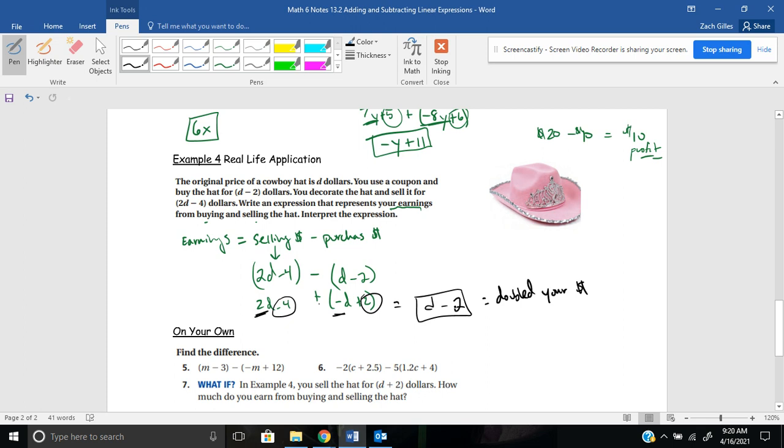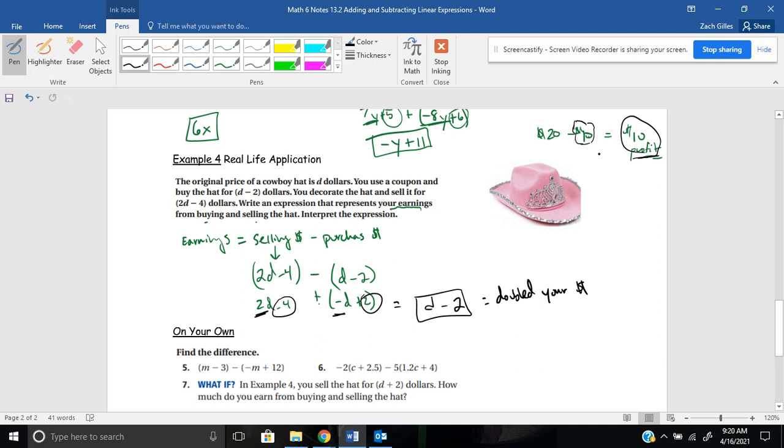This is how much you earned. Right? So if this is how much you earned and this is how much you paid for it, you actually doubled that money. It's actually very similar to this situation. If this is what you bought it for and this is what you earn, notice they look the same.